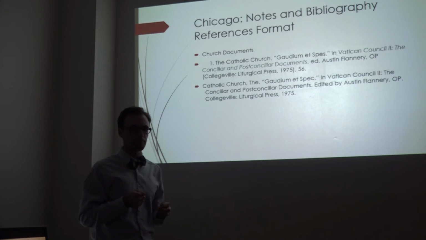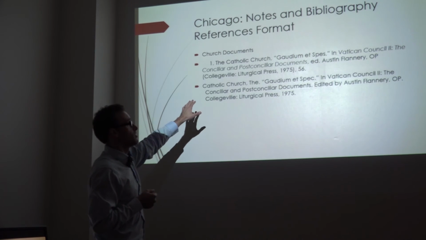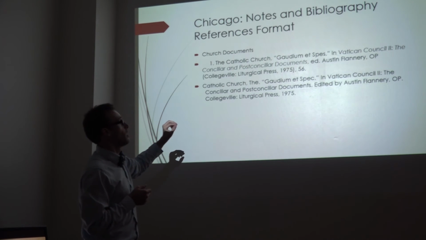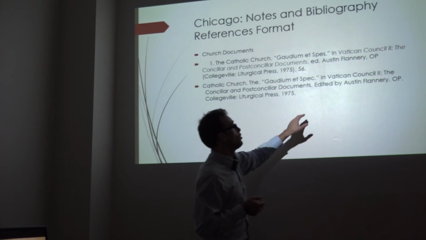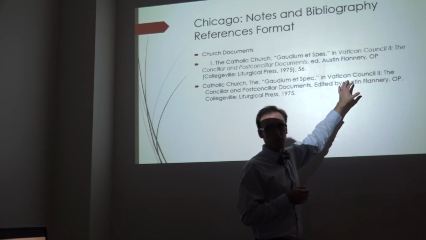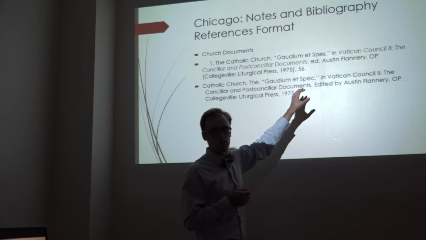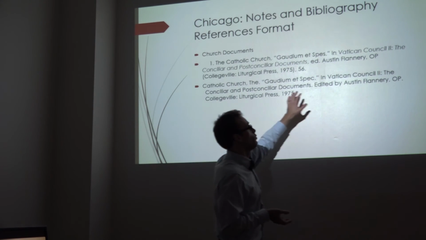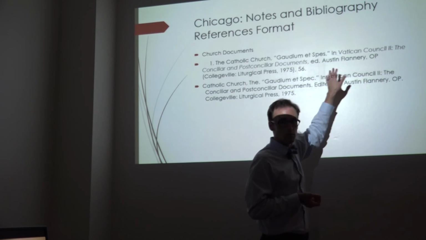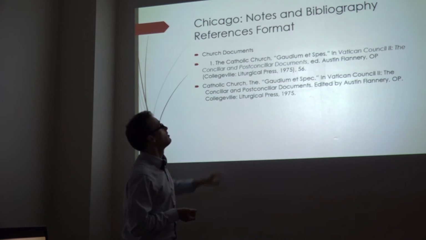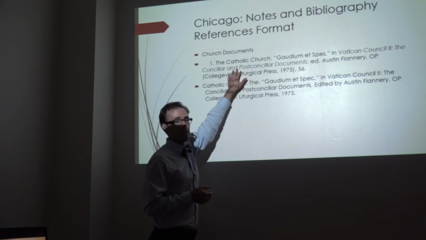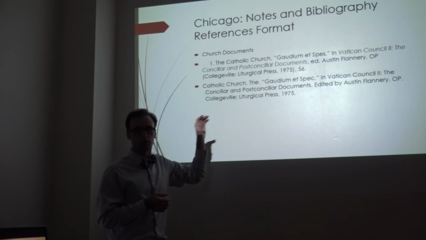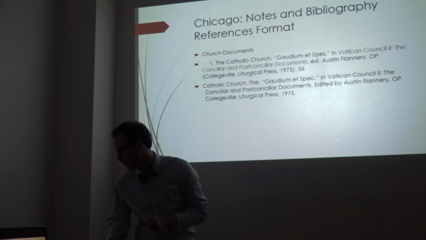Then say which volume you got it out of, with the editor info and the publication info, rather than citing Flannery as the editor, which makes it confusing. Cite using, say, the Catholic Church, then the name of the church document, and then where you found this particular document.